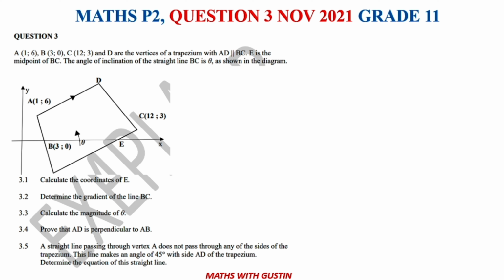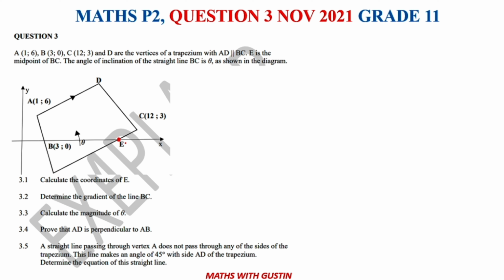Now, when we are reading this question, we should be able to know the properties of a trapezium so that we are able to work with this. And then they are saying to us AD is parallel to BC. E is the midpoint of what? Here's E there. It says E is the midpoint of BC.